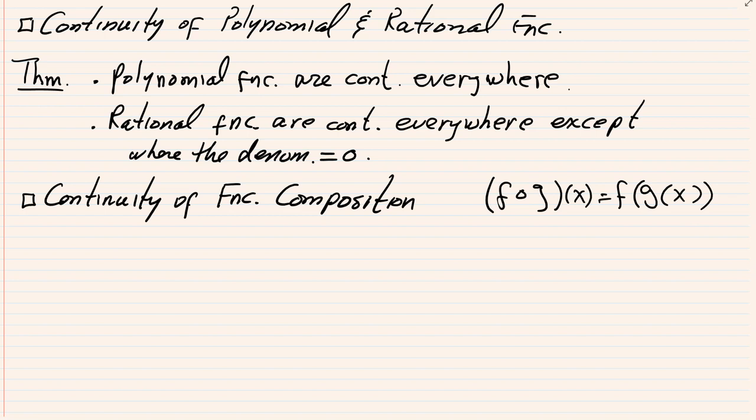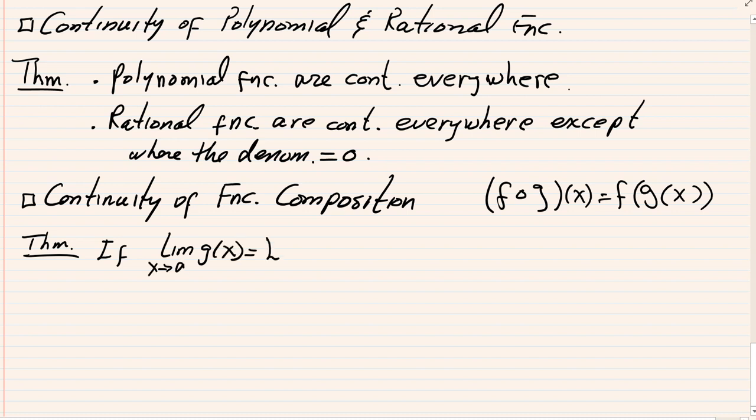Okay, so we do have a theorem here. Now the book, by the way, numbers the theorem. I just write them theorem. The numbers don't matter. So let's say the limit of g of x is going to be L as x approaches a. Okay, so the limit of the function exists, and we want f to be continuous, and f is continuous at the value of the limit, L. So in other words, f is continuous at a point, because L is a single value.